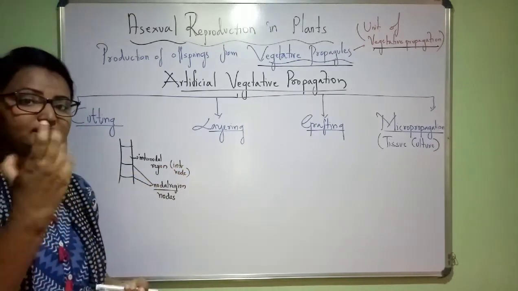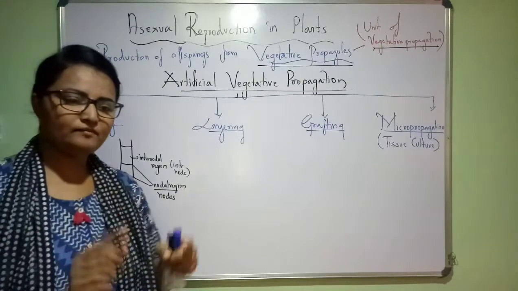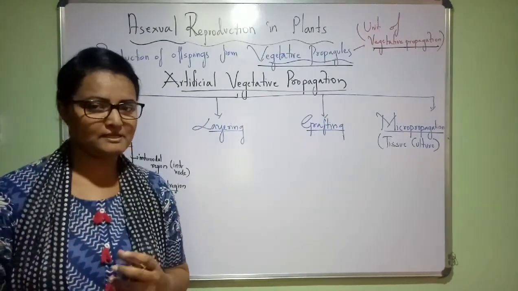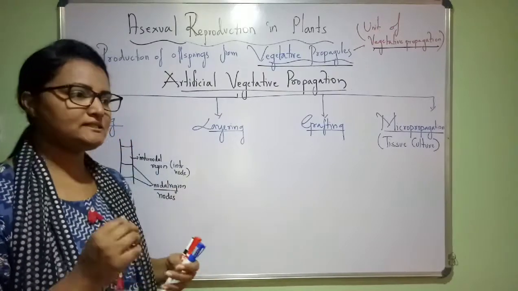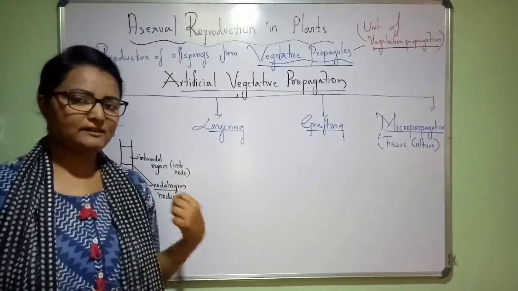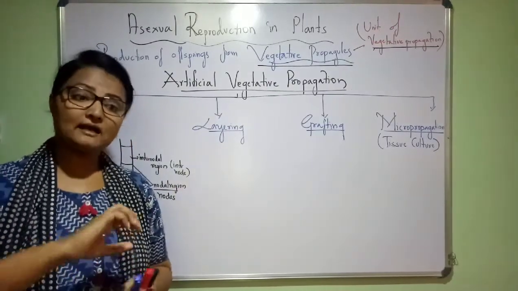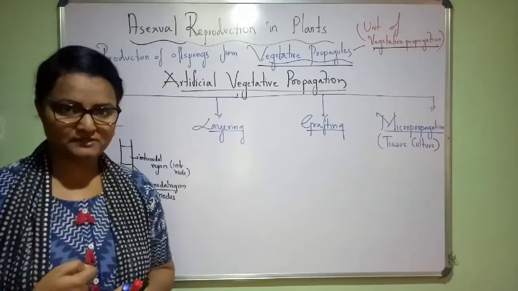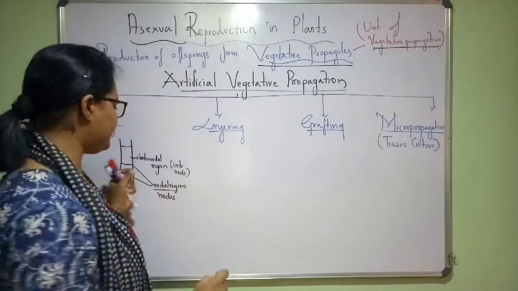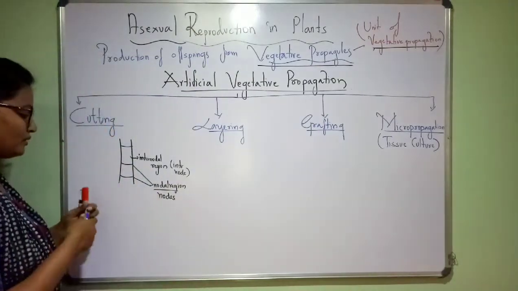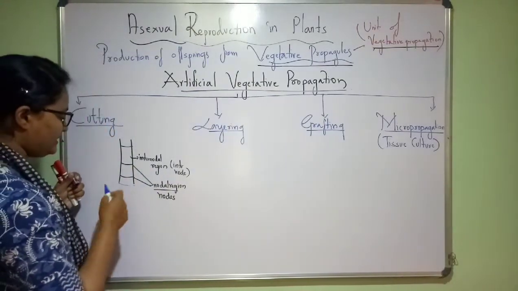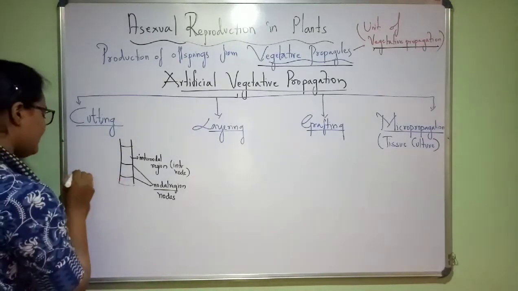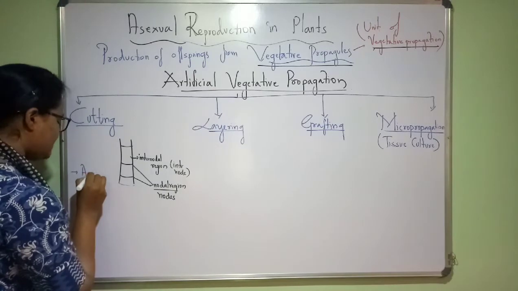We know that buds mostly arise from the nodal region. Based on this concept, during cutting they cut the stem so that it has many nodal portions, and they dip this nodal region into a solution containing auxins, one of the phytohormones.